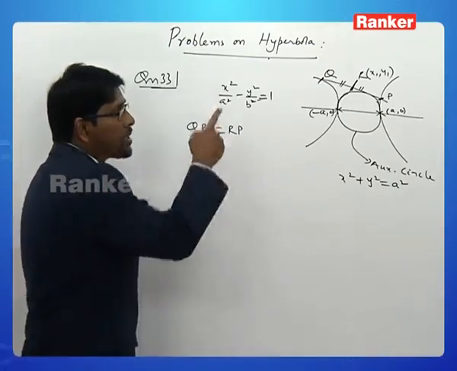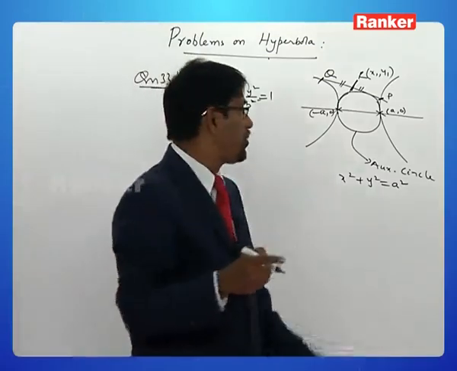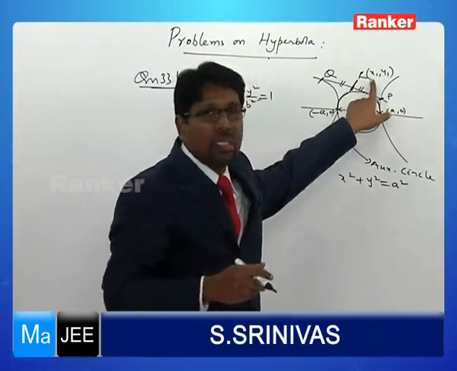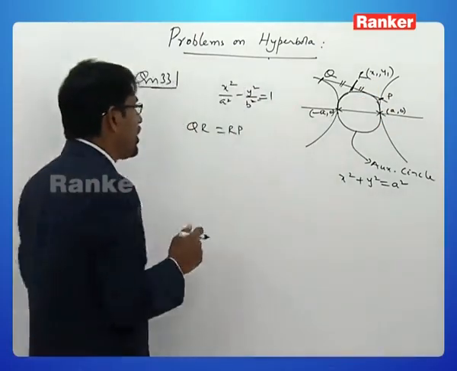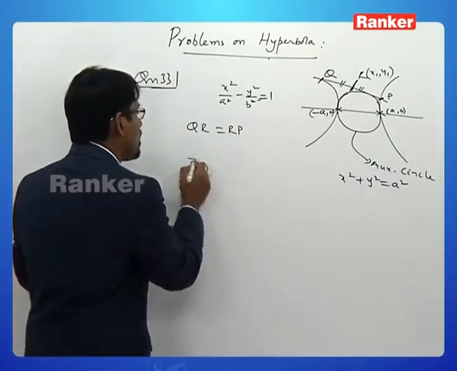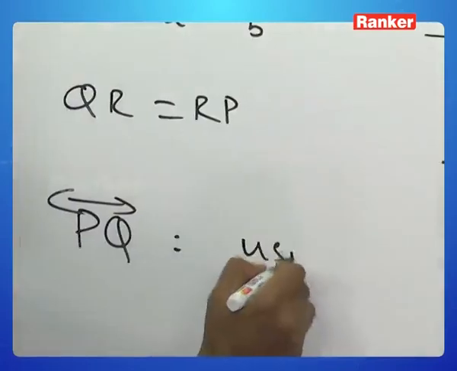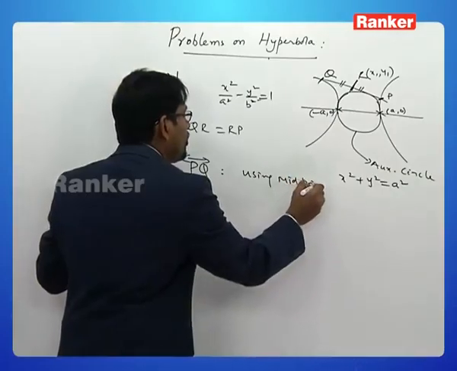Now can we write this PQ equation using the midpoint? It's a chord of the hyperbola, and I'm assuming that the midpoint is R. So we can write the equation of PQ using the midpoint chord formula.